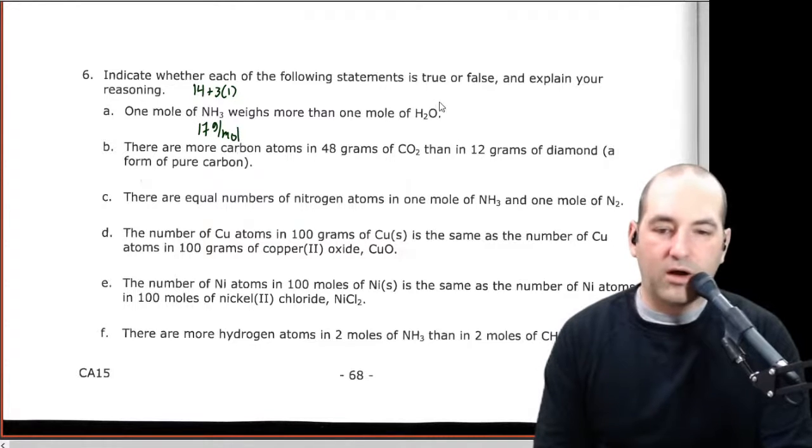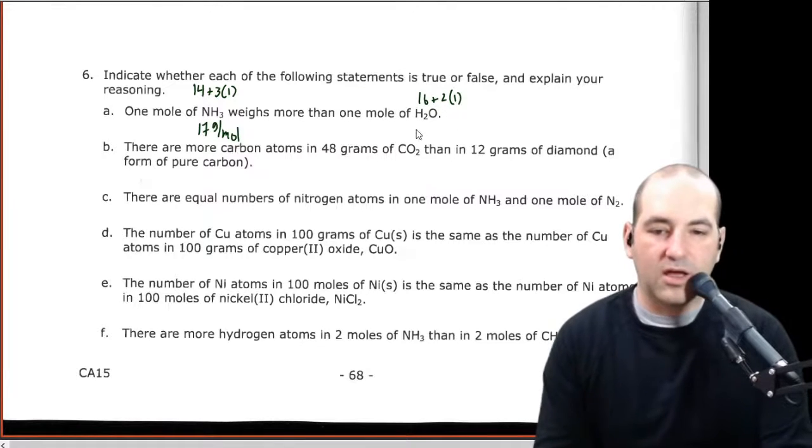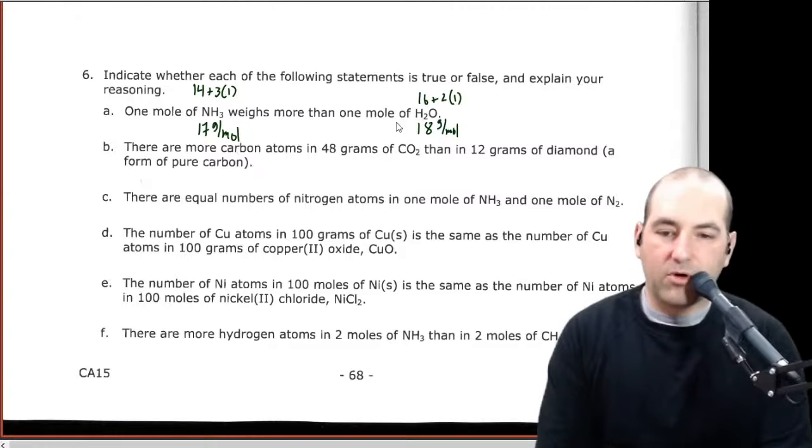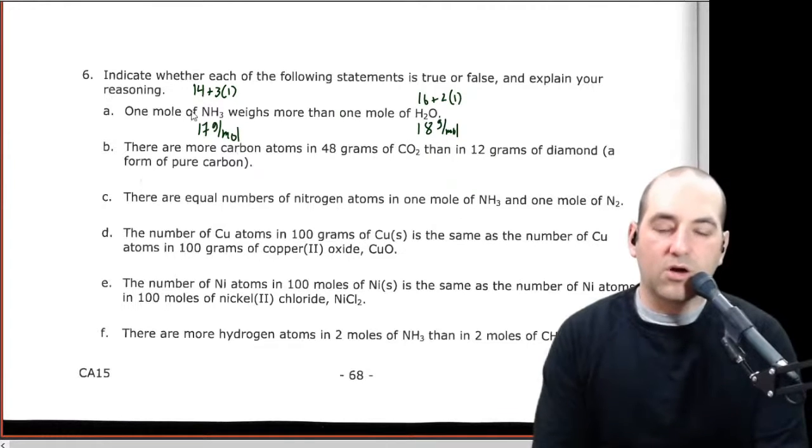And then water would be 16 for oxygen plus 2 times 1 for each hydrogen, and so that's 18 grams per mole. So if we have 1 mole of each, the one that weighs 18 grams per mole is going to weigh more than the one that weighs 17 grams per mole. And so we can say that this is false, that 1 mole of water will weigh more than 1 mole of ammonia.